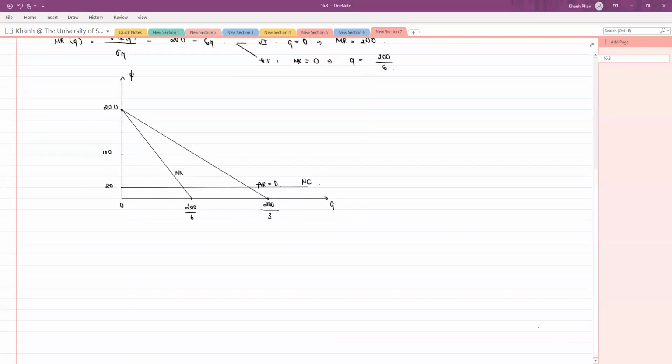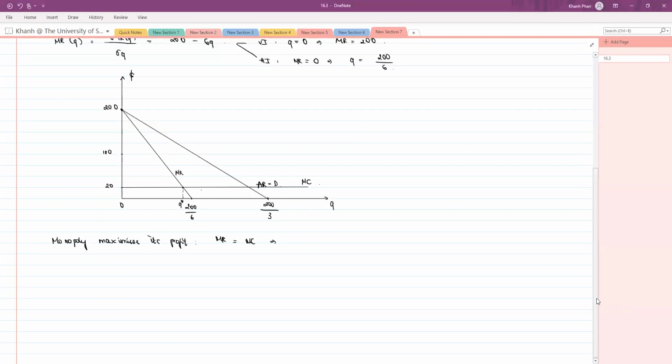Okay, so the firm is going to maximize profit at the point where marginal revenue is equal to marginal cost. So that is going to be the point here. Okay, so that is the Q star over here, where marginal revenue is equal to marginal cost. Okay, so the monopoly is going to be maximizing its profit by producing at a point where marginal revenue is equal to marginal cost.